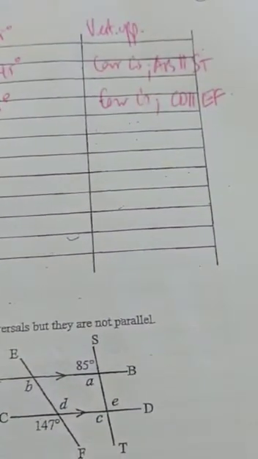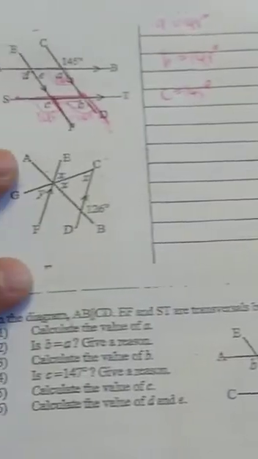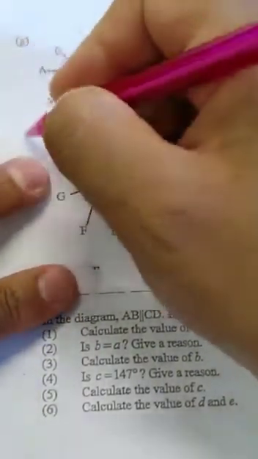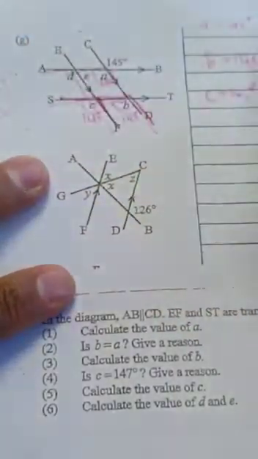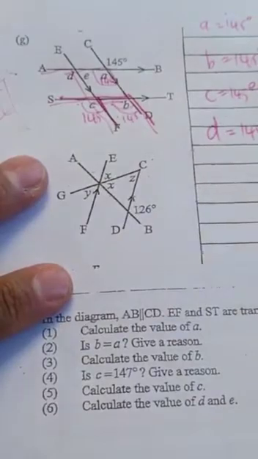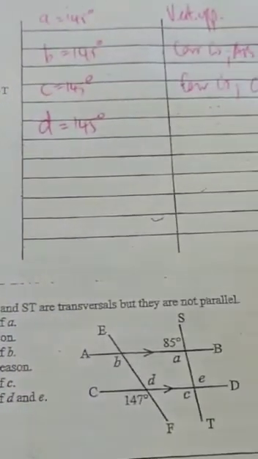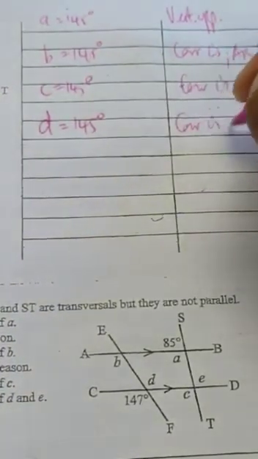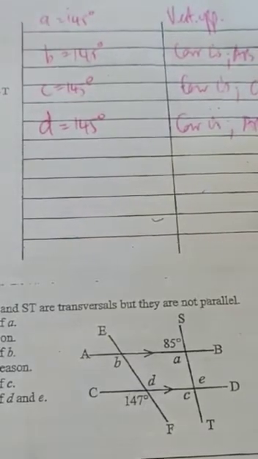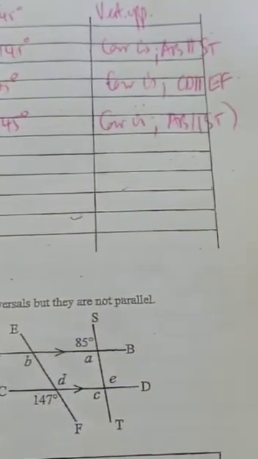Let's look at D. Corresponding angle, that F is lying that way now. So D is equal to 145 degrees. So corresponding angles with AB being parallel to ST.